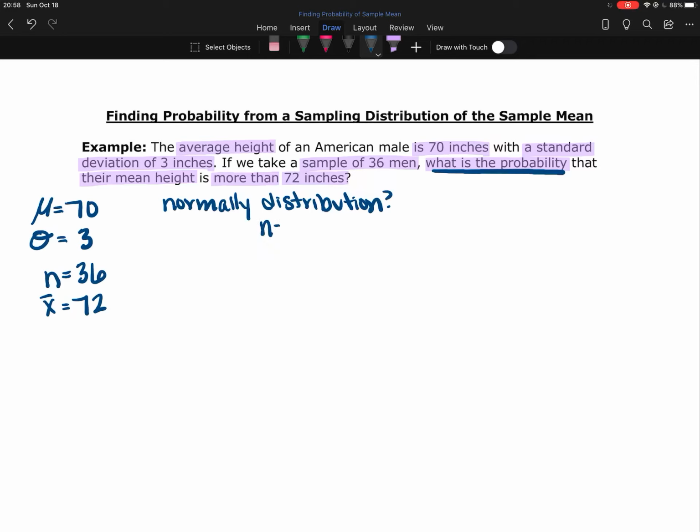In this case, my sample size is 36, which is in fact more than 30. So I do have a normal distribution, which means I can follow the same 4-step process that I did when I was looking for the probability of an individual from a normal population.